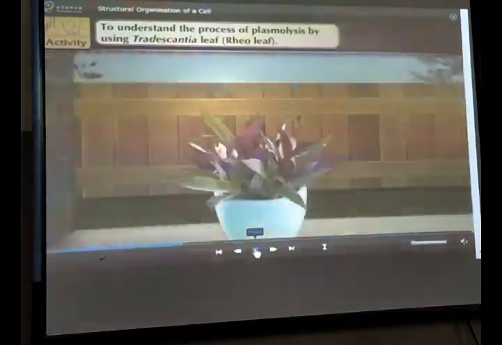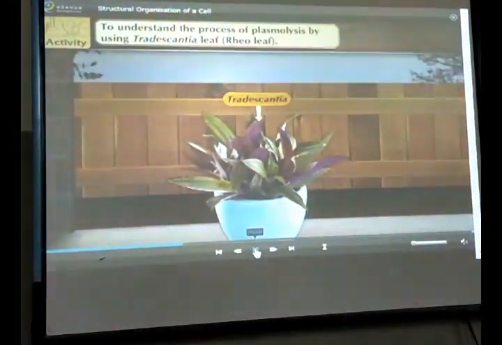Now, to understand the process of plasmolysis, we take a Rhoeo leaf, Tradescantia, for example.